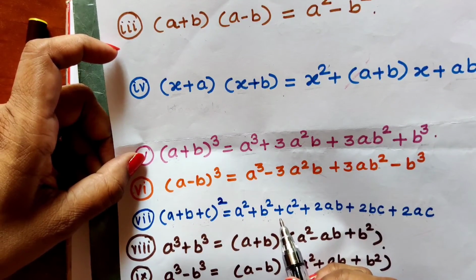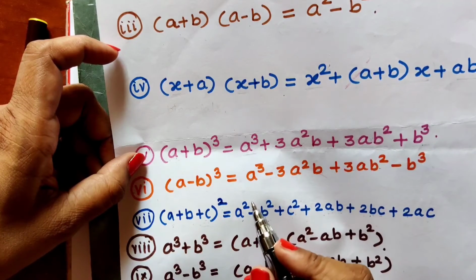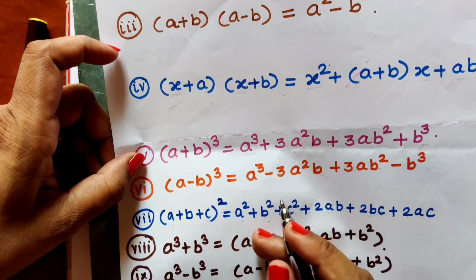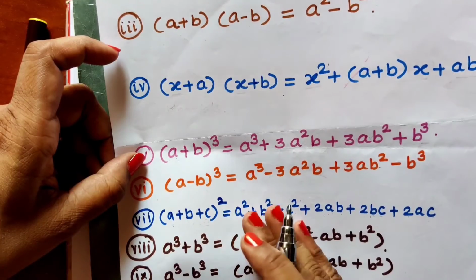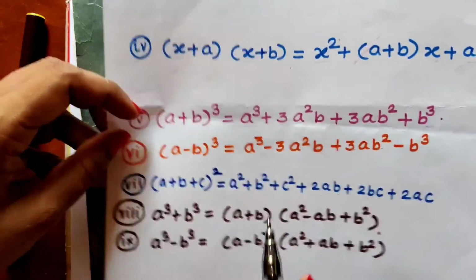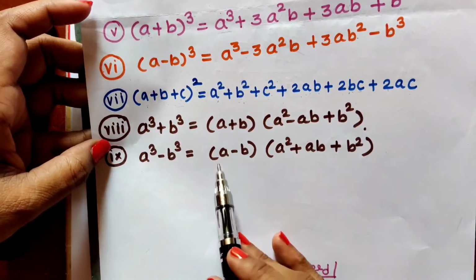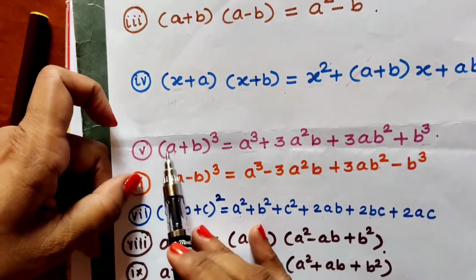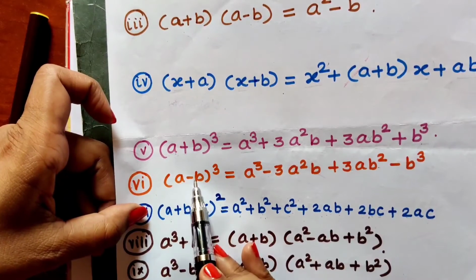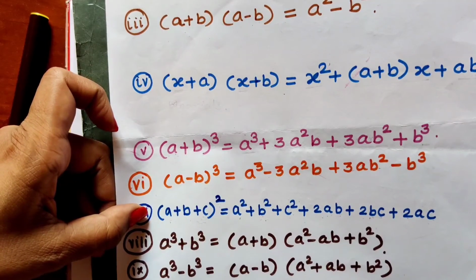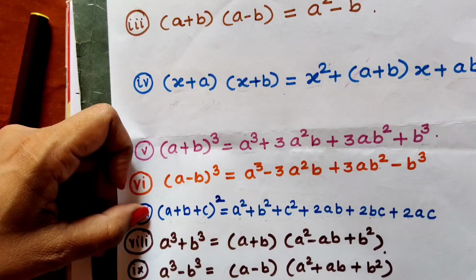So always see the question carefully and apply the proper formula. For this sum, we cannot apply the two formulae from this lesson, but we have to apply these two formulae from the previous lesson. So let us apply the formula and solve the sum.